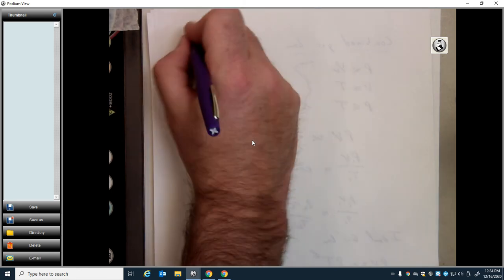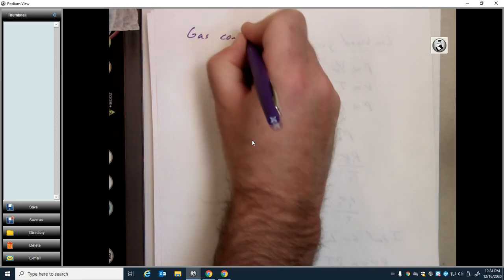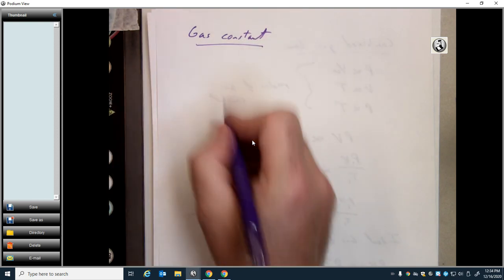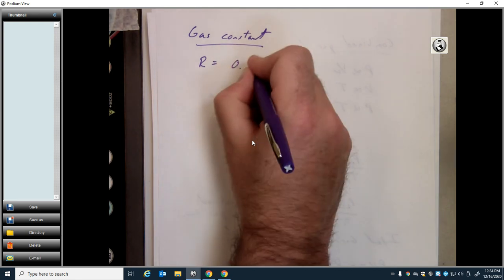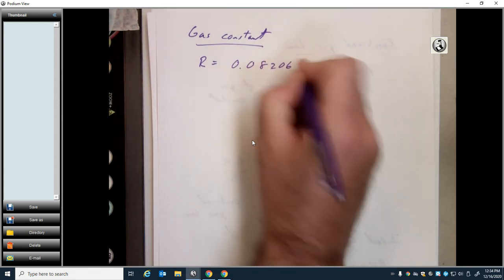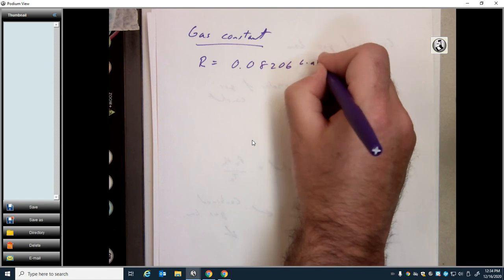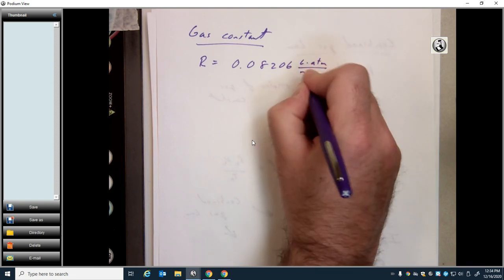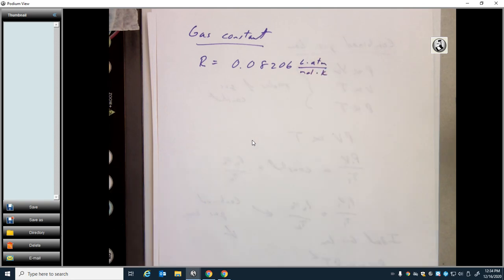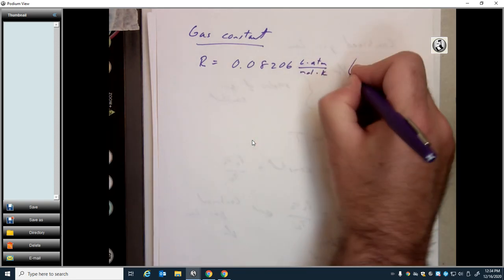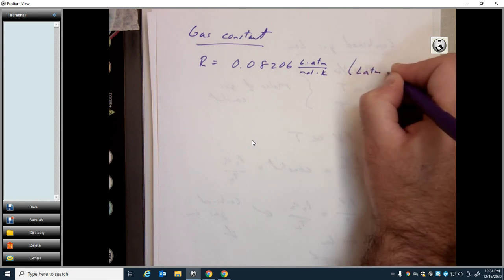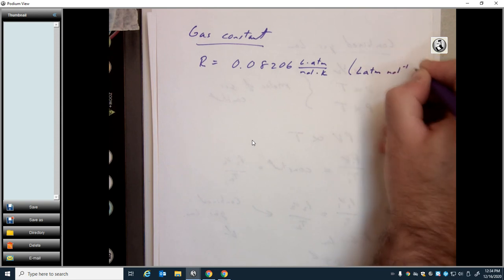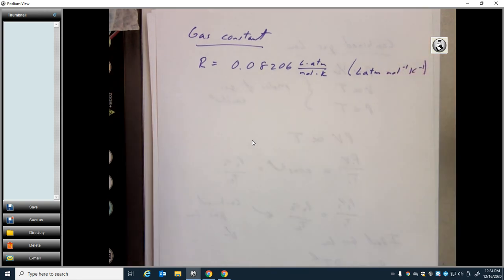Now, you need to know what the gas constants are. There are three you need to know. 0.08206 liter atmospheres per mole Kelvin. Another way you'll see this unit is liter atmospheres mole^-1 Kelvin^-1.